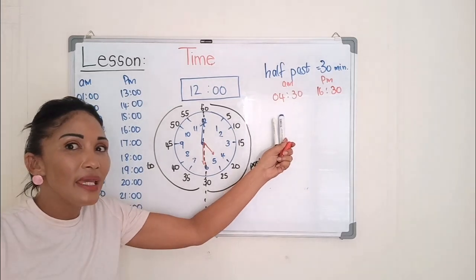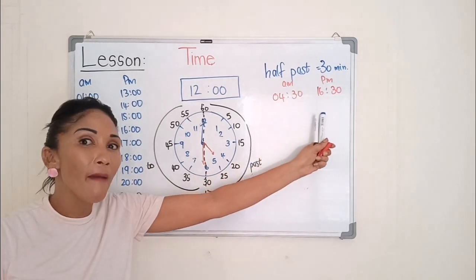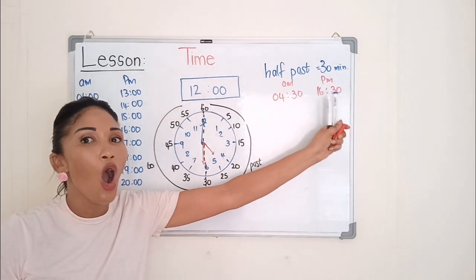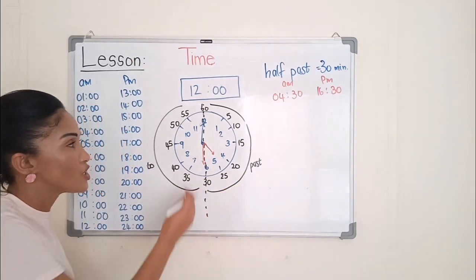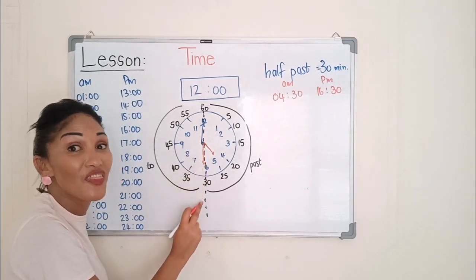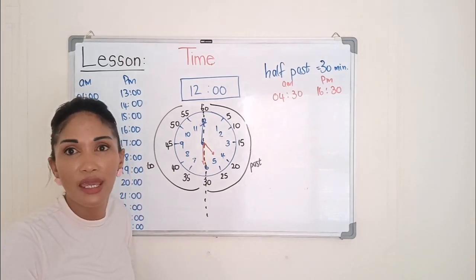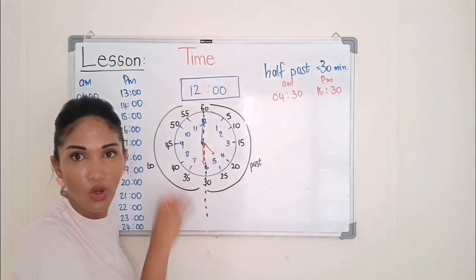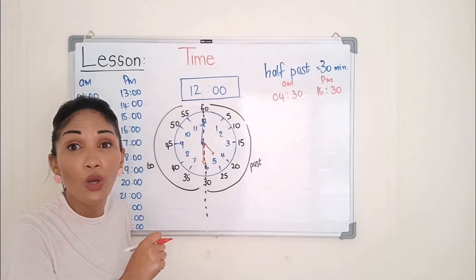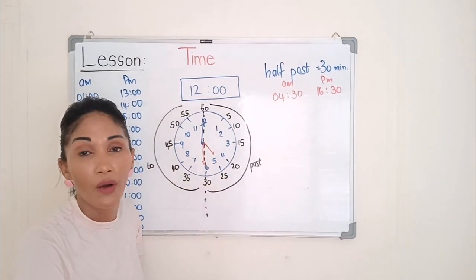So in AM, it is 04:30, half past 4. In PM, it's 16:30, half past 4. So when your long hand comes to the 6, it is 30 minutes and it is half past. You don't have to say it is 30 minutes past 2 or 30 minutes past 3. You can say it is half past that specific hour.